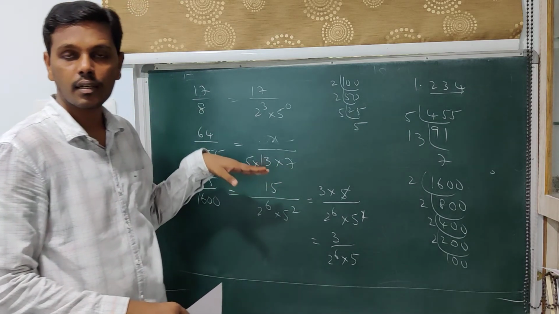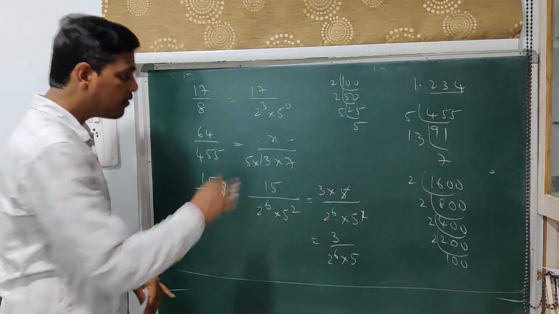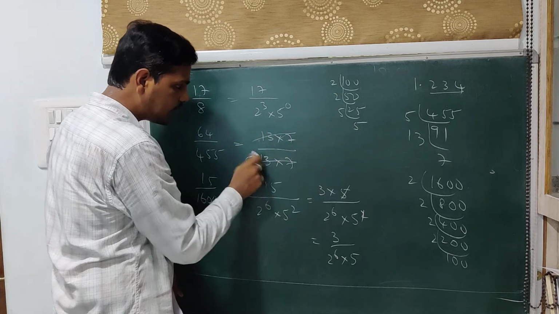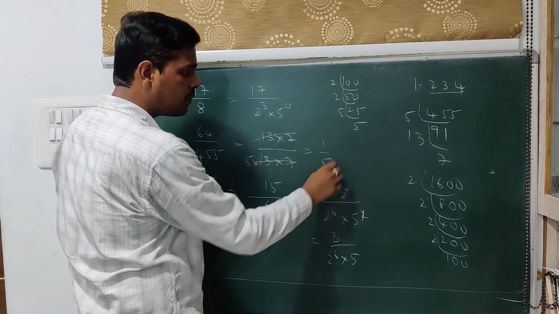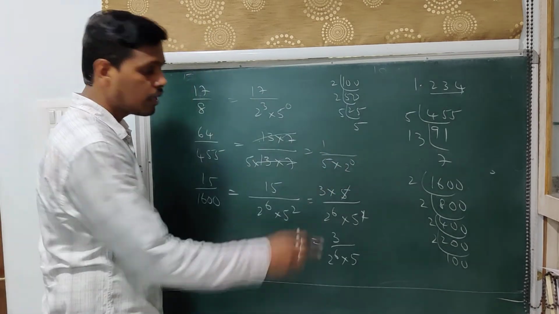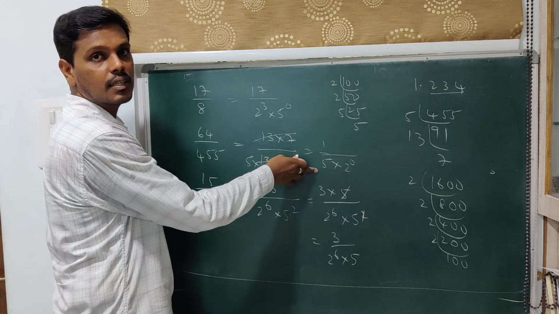Now you will be tempted to write that this number is a non-terminating decimal. But if the numerator has a prime factorization 13 into 7, then these two get cancelled. Now this will be 1 by 5. 1 by 5 you can write as 1 by 5 into 2 power 0. Now this is of the form 2 power m into 5 power n. This ends up as a terminating decimal expansion.